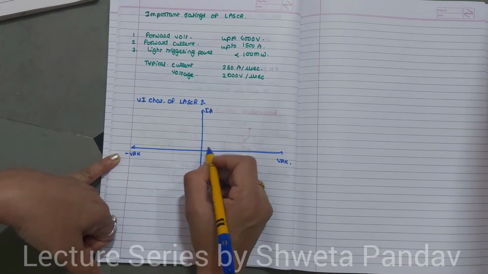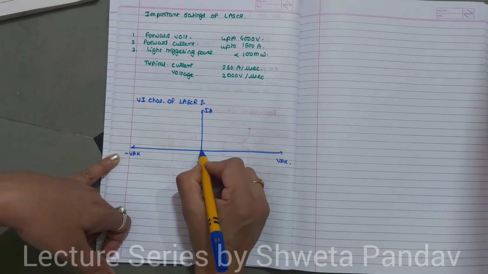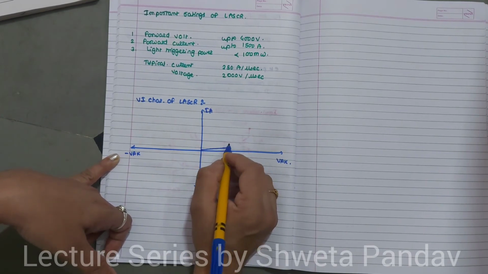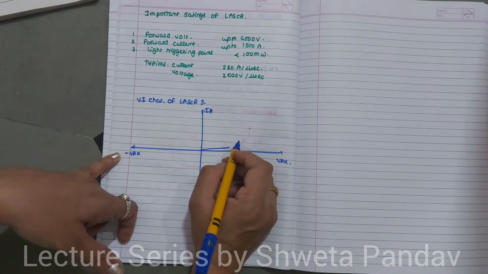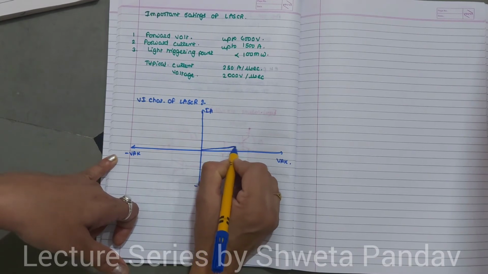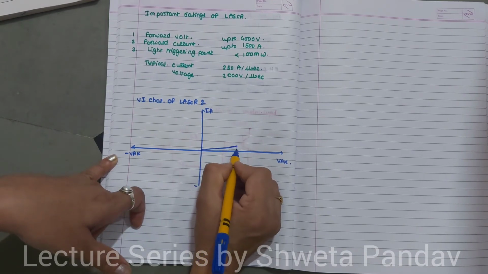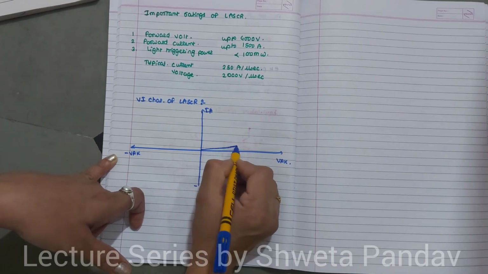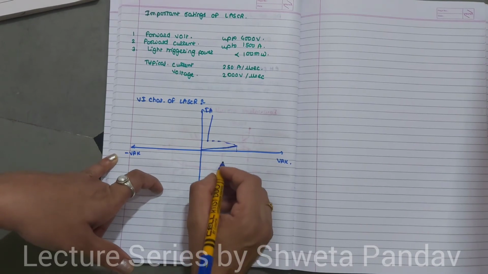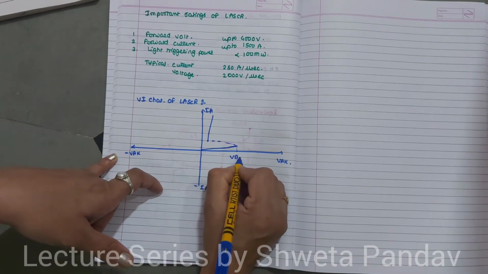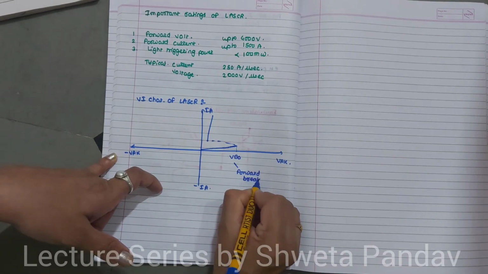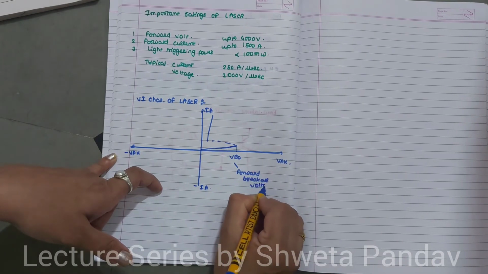Before light intensity falls on it, or when the intensity of light is small, the breakdown will not occur, and after this breakdown the LASCR will be turned on. This is called the forward breakover voltage, same as normal SCR.